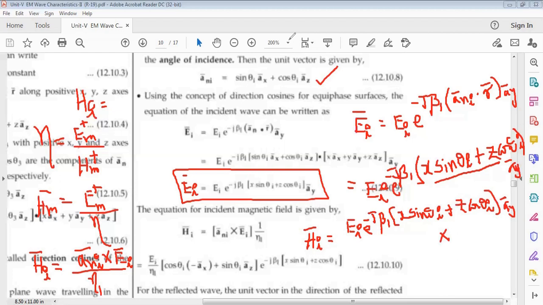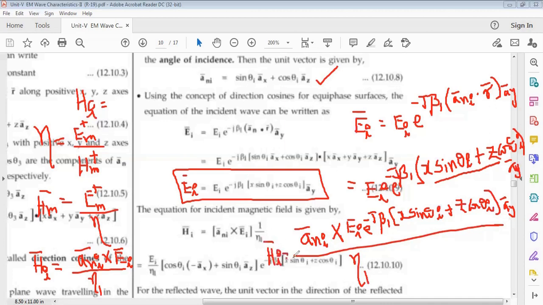Here directly I represent it here itself only, cross a_ni bar whole divided by eta 1. Nothing but the H_i bar is equal, as I substitute in this equation, a_ni bar cross the total function what we have, the E_i bar. So how can we find this a_ni bar cross the function?